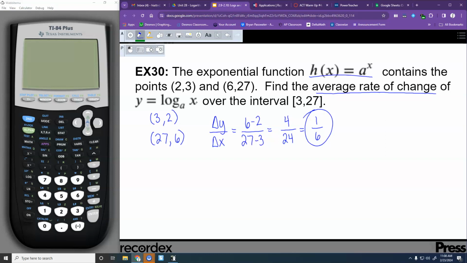And so we just ignore the 3 and 27. 3 to 27 is telling you what the new x coordinates are. If we had a whole table with a lot of points, we'd have to look for those points once we had switched it there.